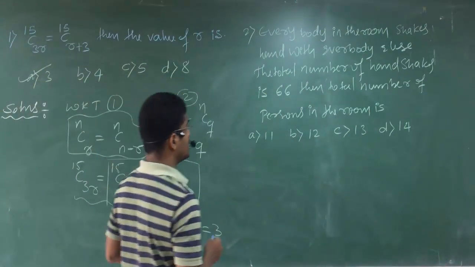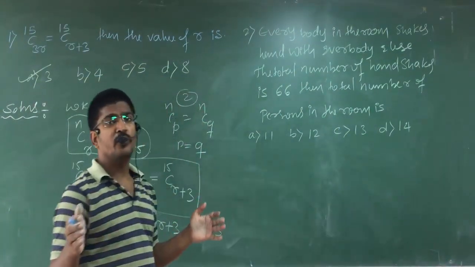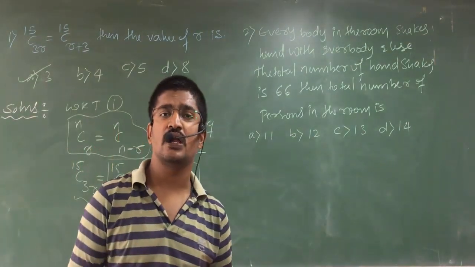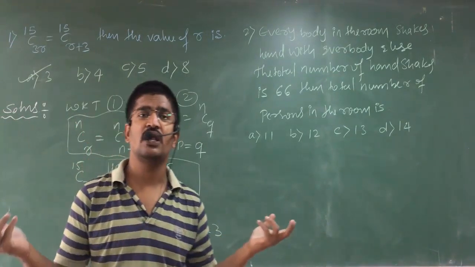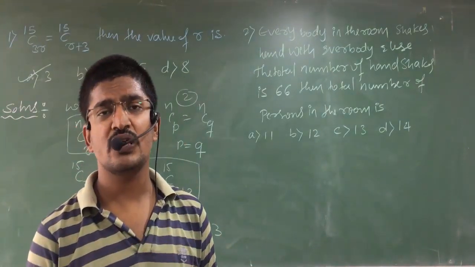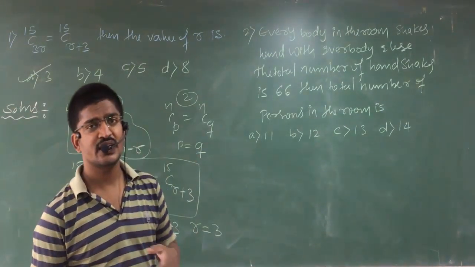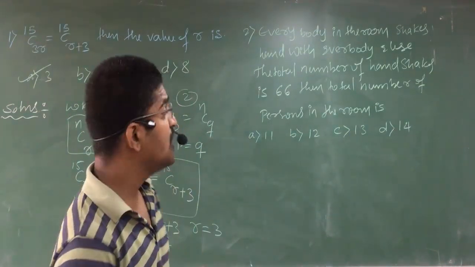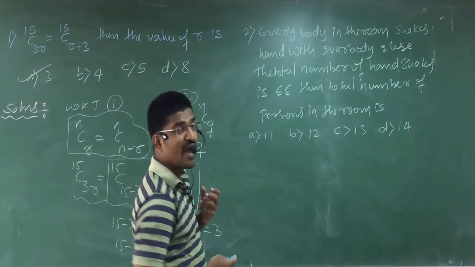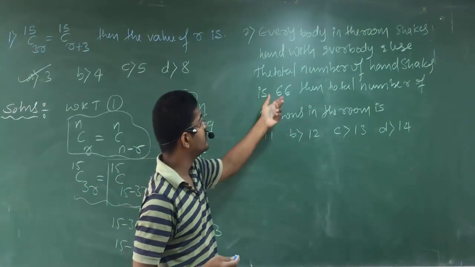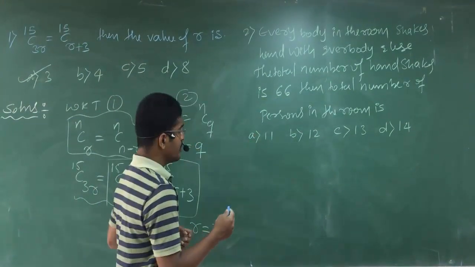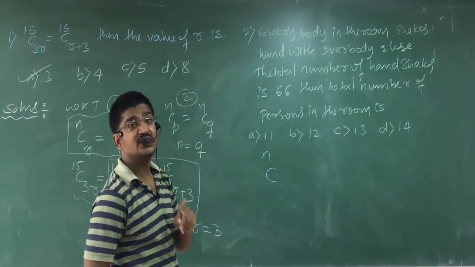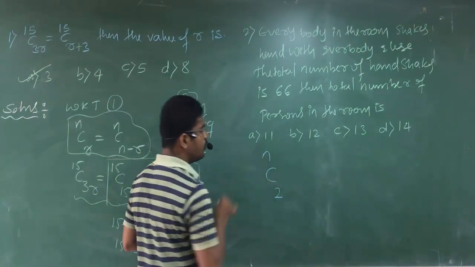So see here, there is a group of people with handshakes. Handshakes cannot be arranged here; they can do handshakes with anyone. Arrangement is not a preference here. Handshakes are done with anybody else. So for that reason, it will be the grouping of handshakes. The total number of handshakes is 66. We have n number of people. For one handshake, I need 2 persons.